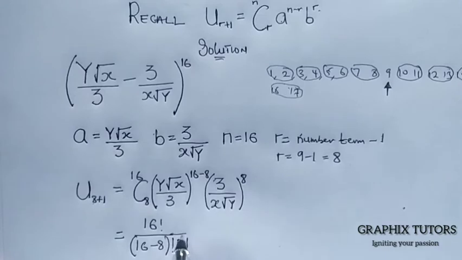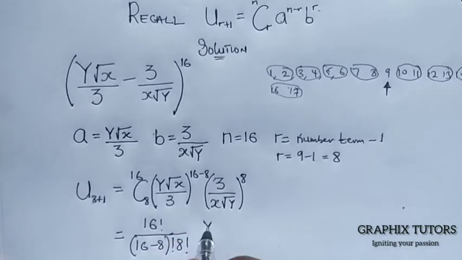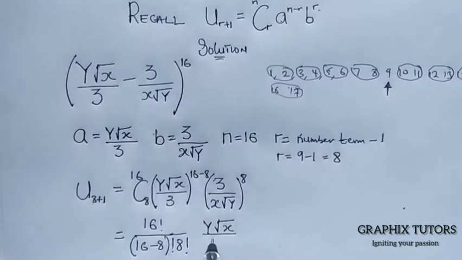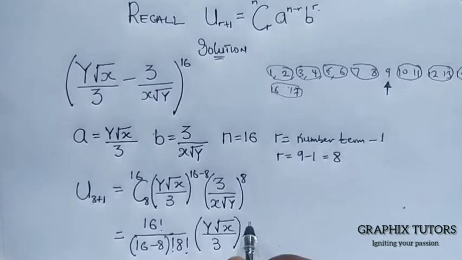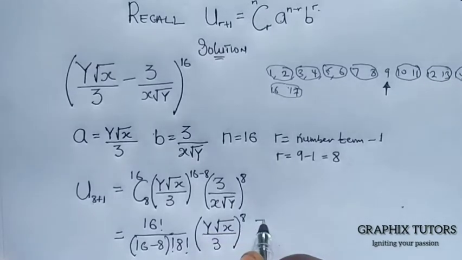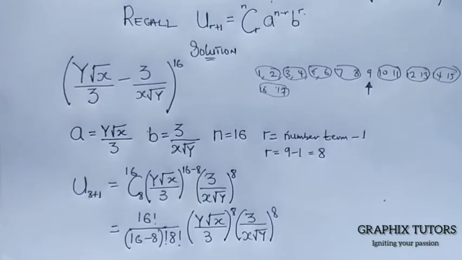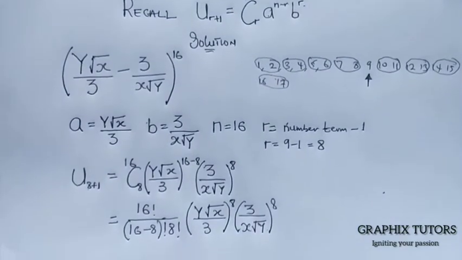Now we have y square root of x all over 3, everything to the power of 16 minus 8, which is 8, and we have 3 all over x square root of y, to the power of 8.